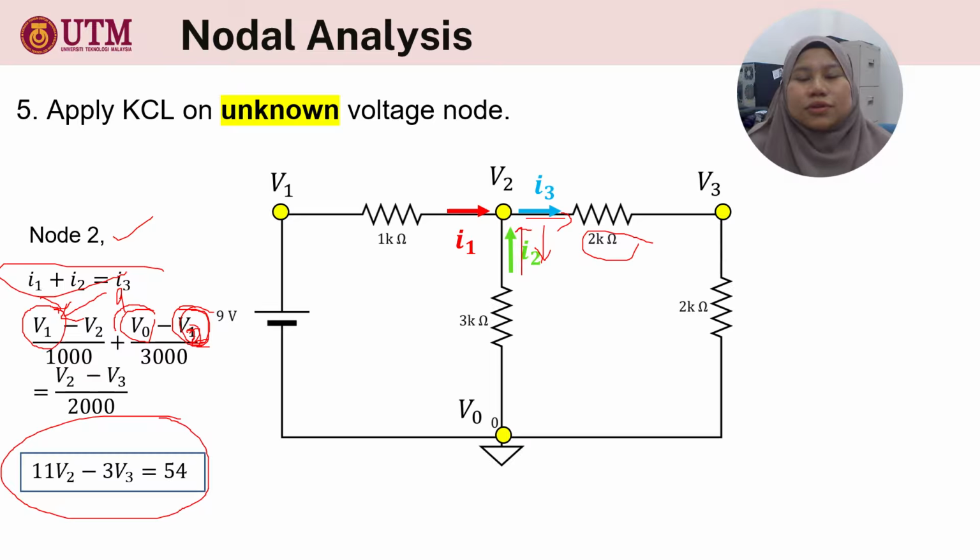Don't tell me that you don't know how to simplify it, because this is basic mathematics. With 1000 and 3000 below, we need to make the bottom one gone first. You multiply with 6000, then you simplify, and you will have this.